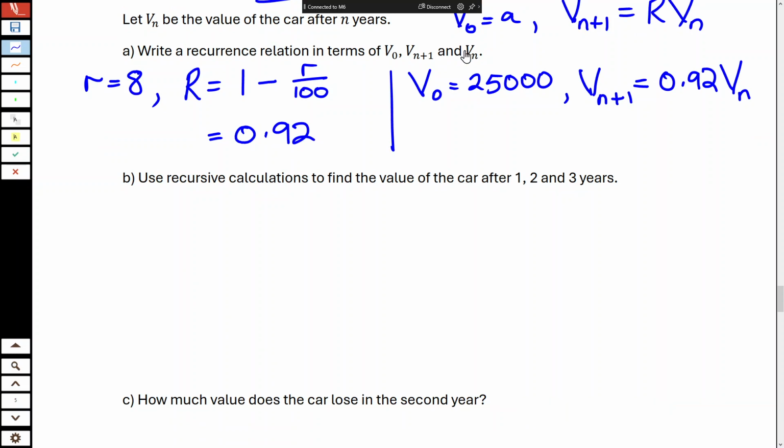Okay, part B. This is a question you can be asked next year. We want recursive calculations. So this means you need to use the recurrence relation.